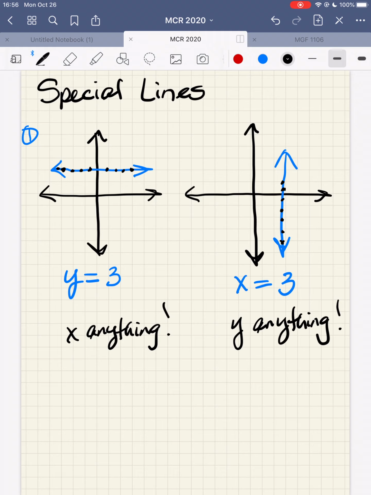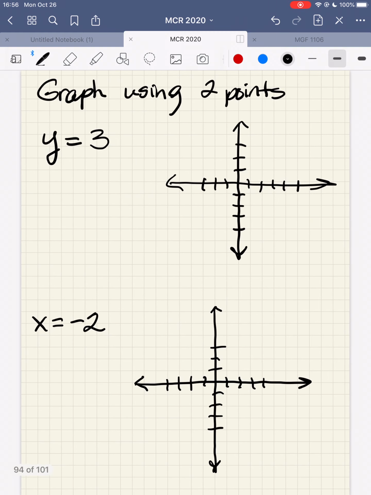So let's go ahead and look at a few. This is actually pretty quick and short. So the first one I started off with, y is equal to 3. I have to plot 2 points to get a line. It's natural to go to the intercept, which will be 0, 3, because that just makes sense. It's right on the graph.